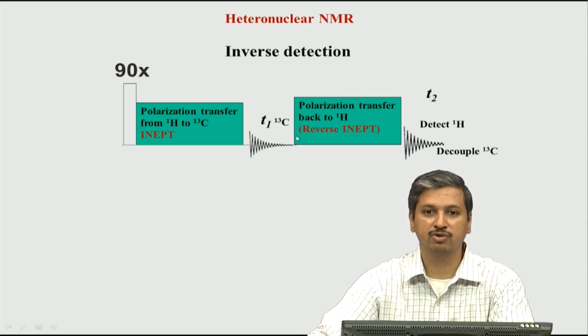Once the t1 evolution period is over, remember, as the picture denotes, it is not that we wait till this gets over, we stop somewhere in between. This is the standard principle of 2D: we evolve for some time and then transfer the polarization back to the proton.